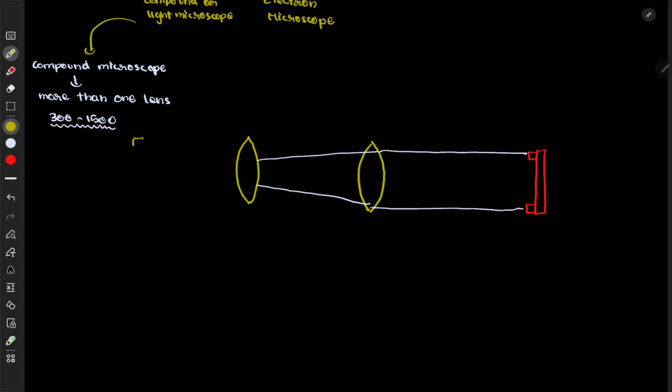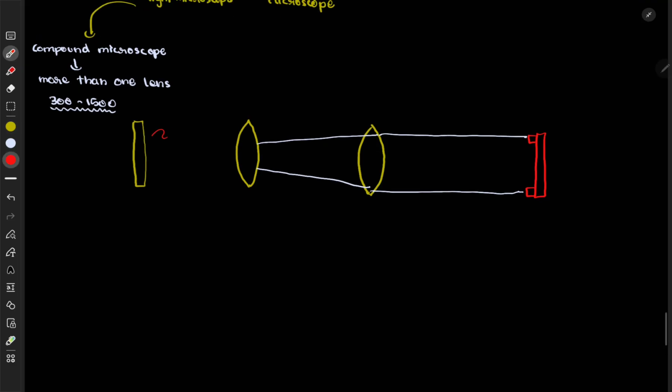Now we have a water droplet taken from a river, an impure source, like a glass of water mixed with soil. Now this converges.